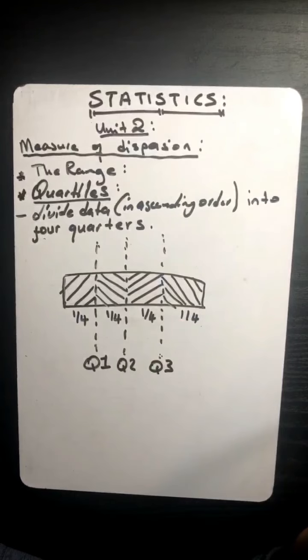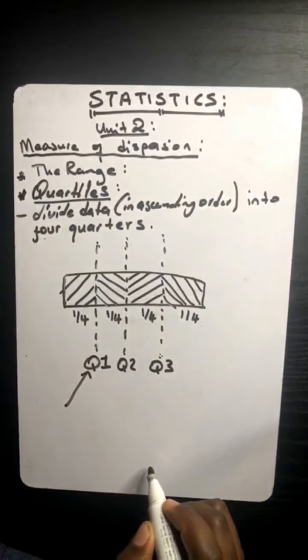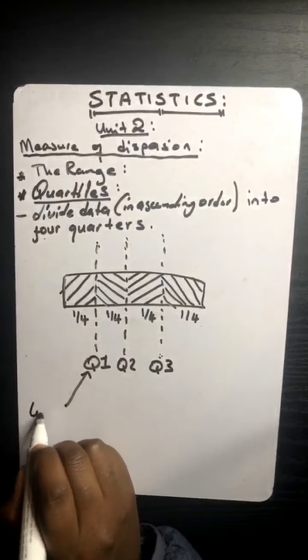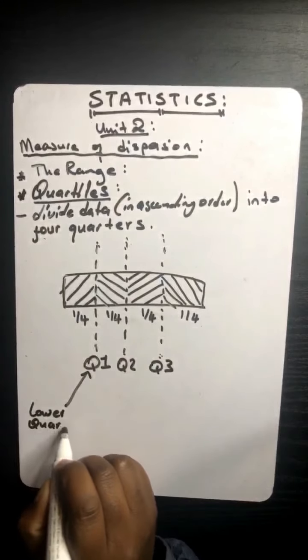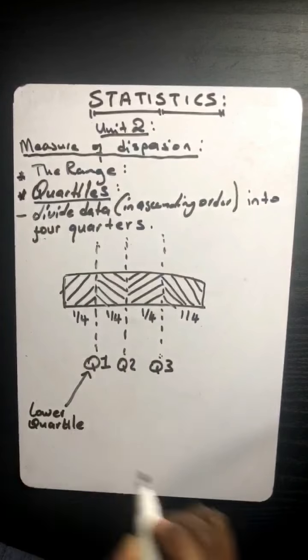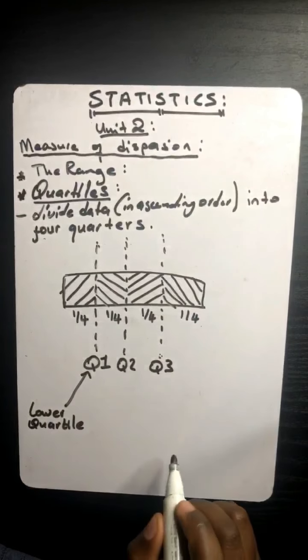Maybe let's try to confuse the enemy, guys. Let's call this one the lower quartile. This is to confuse the enemy. When you go to your camps, just call it the lower quartile.